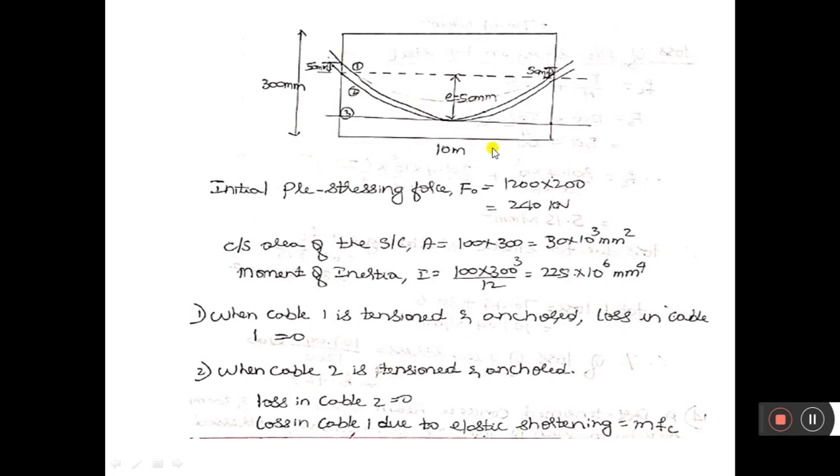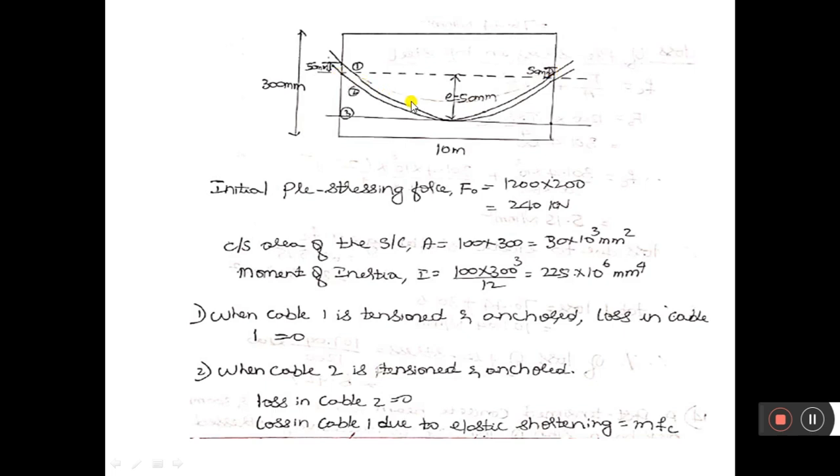As I said in my previous session and in previous problems, if I consider cable 1 and cable 2, each is a parabolic cable which has two different eccentricities, at the center as well as at the support. Cable 1 has two eccentricities, at the center and at the support. Here it is 50 and at the support it is plus 50.